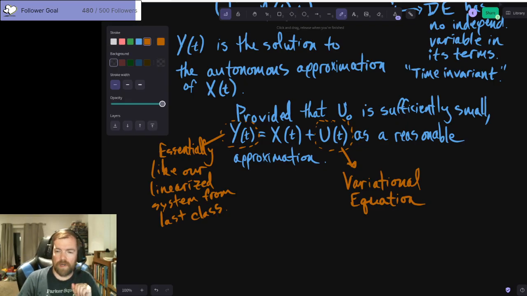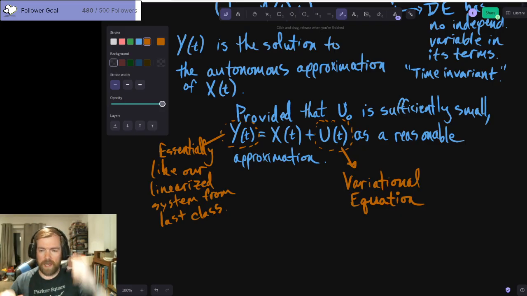And so in a lot of nonlinear differential equations, we're going to see that there's a time invariant approximation that we want, y, and then we're going to have this variational equation u.